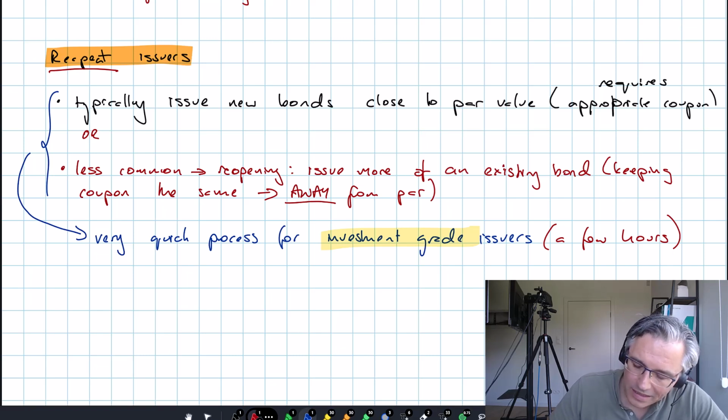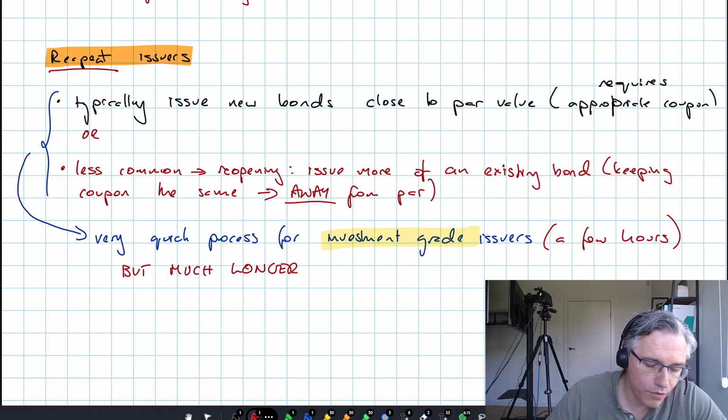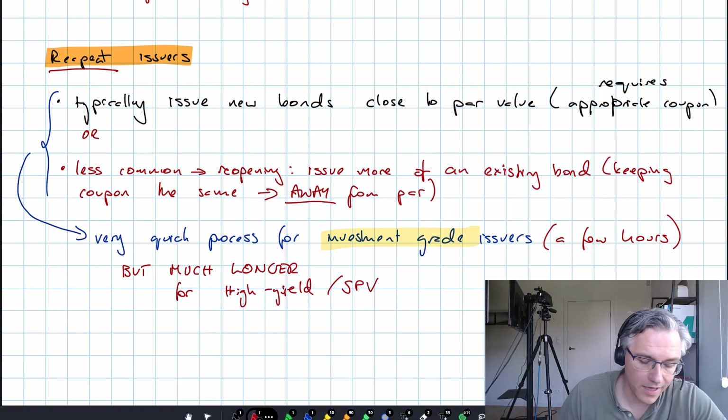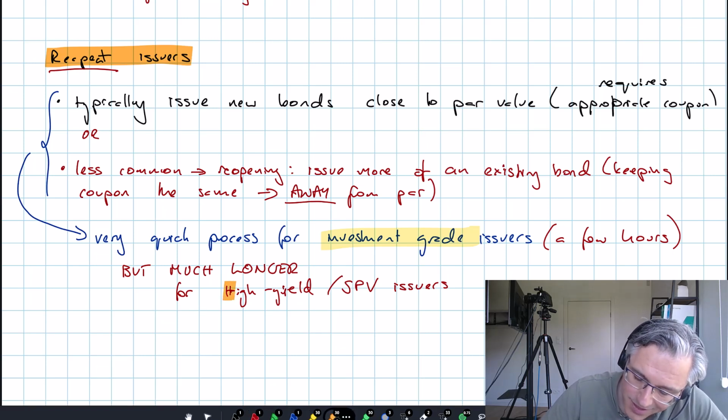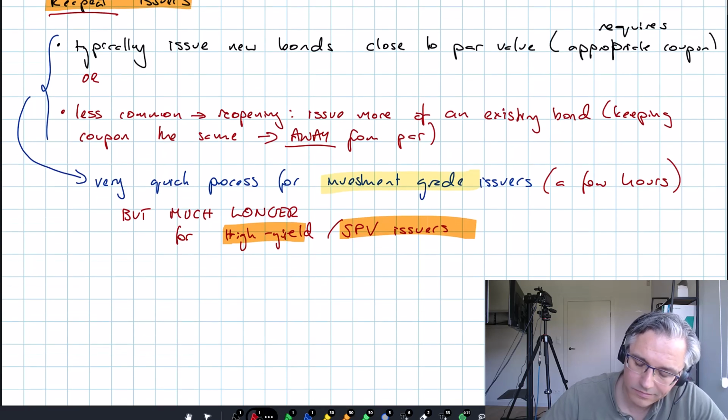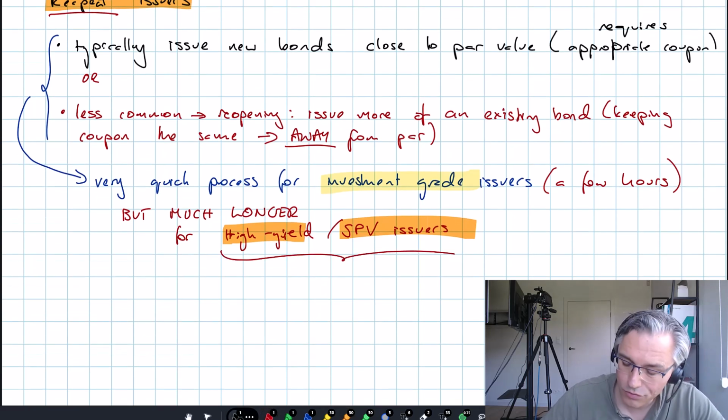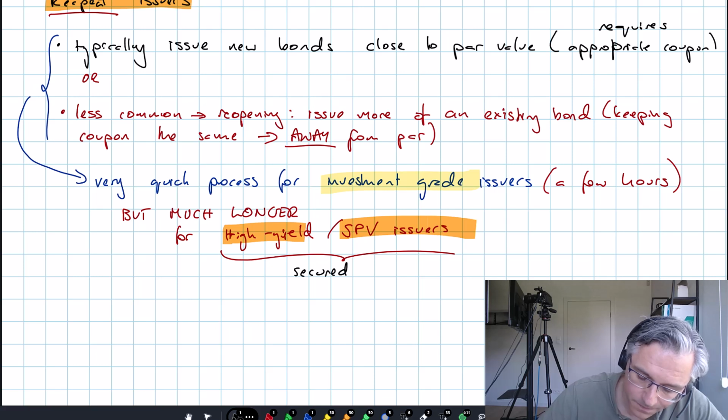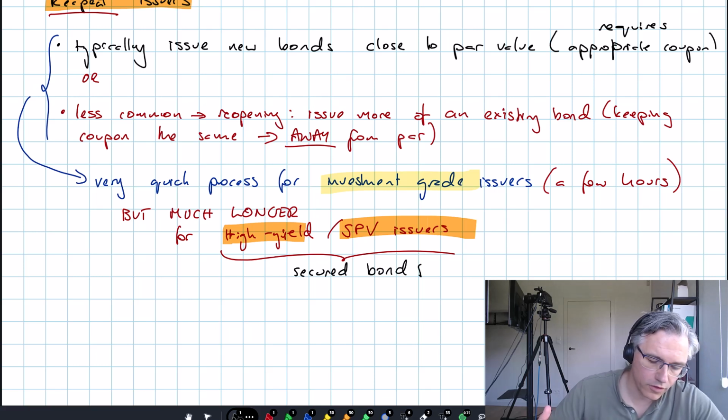However, it's going to be a much longer process in terms of timing for high yield or non-investment grade, high yield, or special purpose vehicle, SPV issuers. So when a special, new company is set up to issue bonds, because typically these types of issuers issue bonds that are secured. They offer secured bonds with some form of collateral built in.